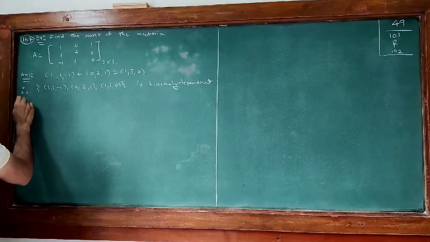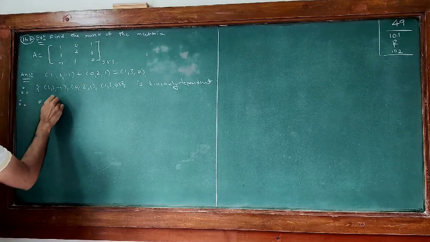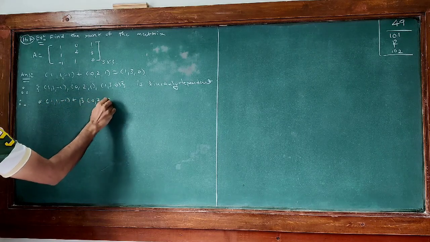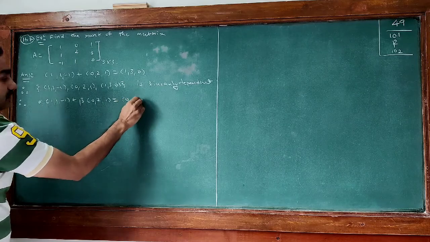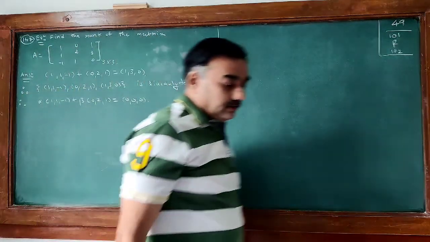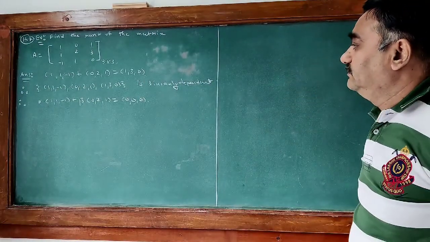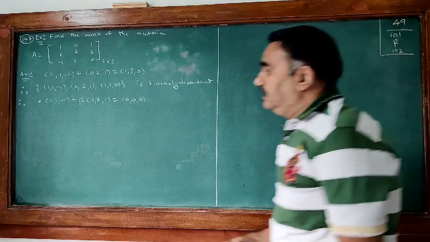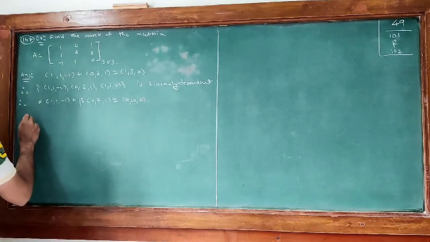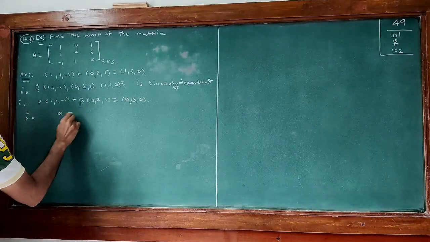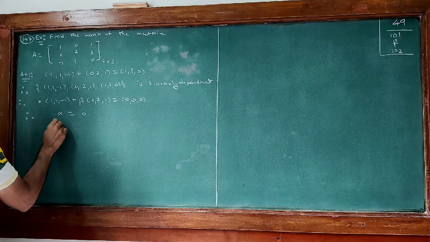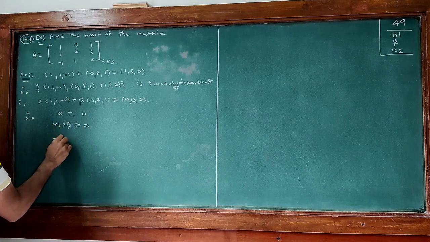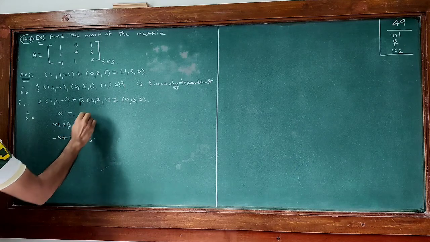So we will take two of these: alpha times 1 1 minus 1 plus beta times 0 2 1 equal to 0 0 0. Now alpha and beta are 0, therefore x coordinate, y coordinate, z coordinate.